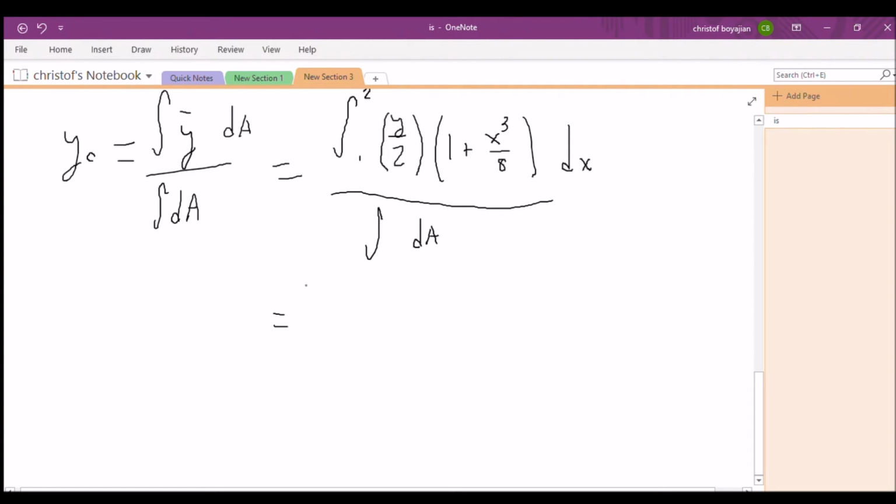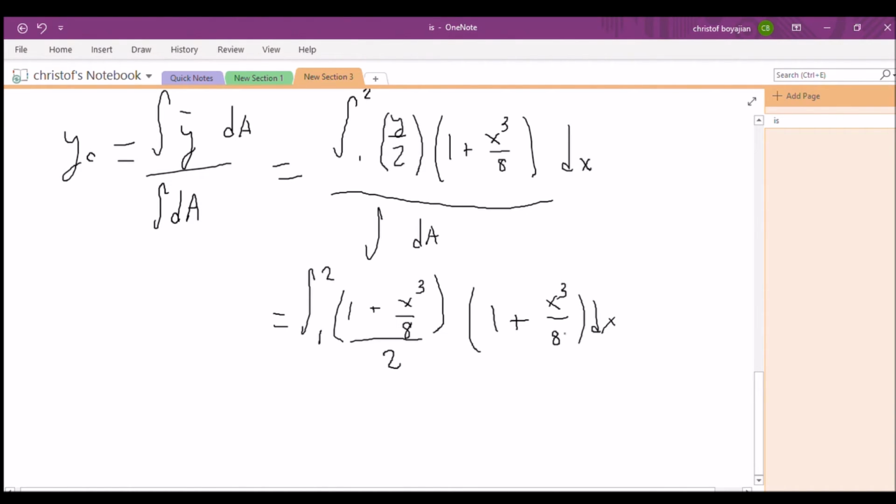So it's going to be integral from 1 to 2 of 1 plus x cubed over 8. This is divided by 2, right? It's y divided by 2. So this y divided by 2 times 1 plus x cubed over 8. All right. Times dx over our dA.